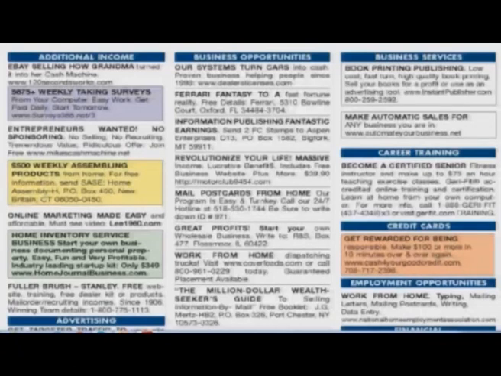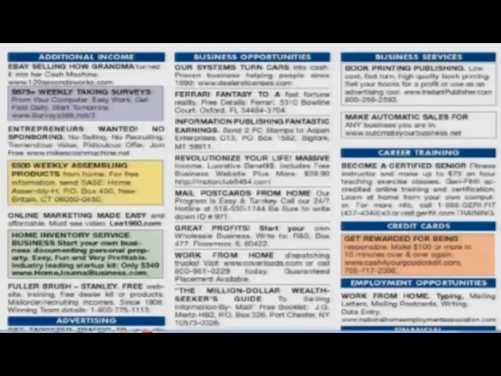As you can see, this is a section taken from a newspaper and it is called classifieds. The name classifieds itself tells you that the information here is classified, categorized following some rationale.